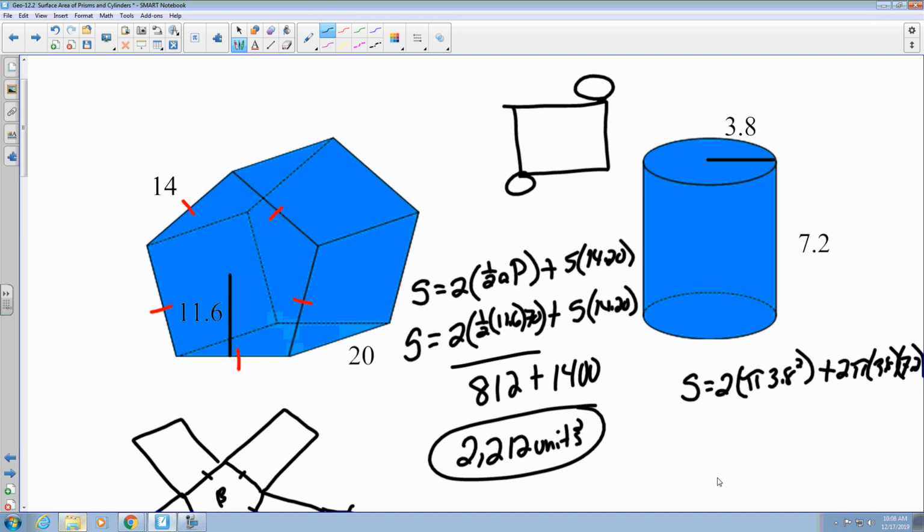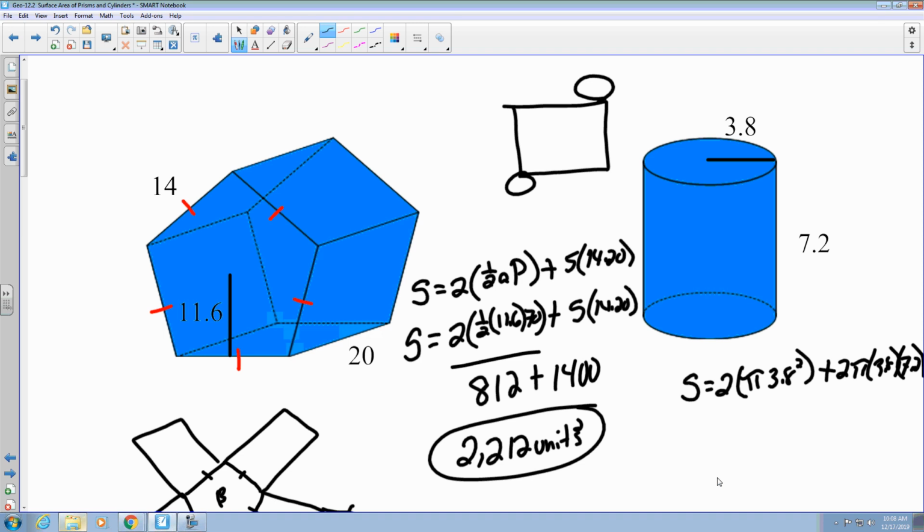For all of this, I'll use an approximation, so I'll take pi as 3.14. So 3.8 squared is 14.44. Times that by 3.14, and then multiply that by 2.